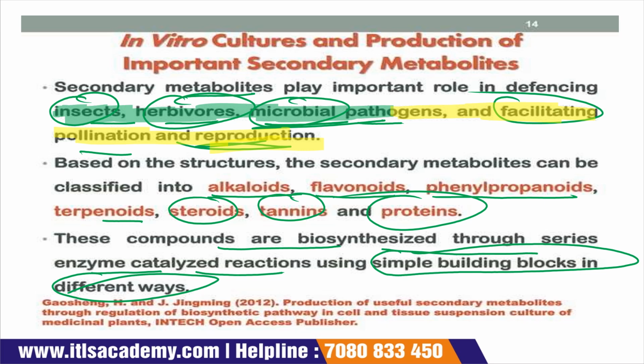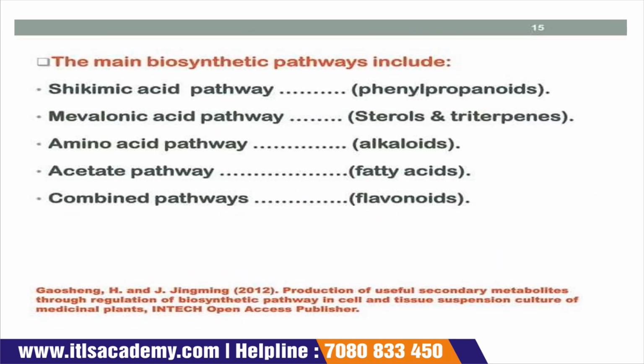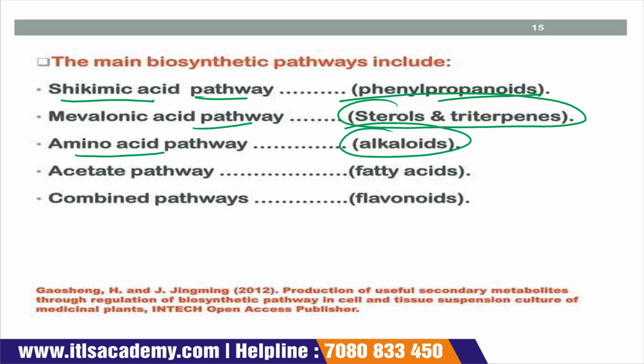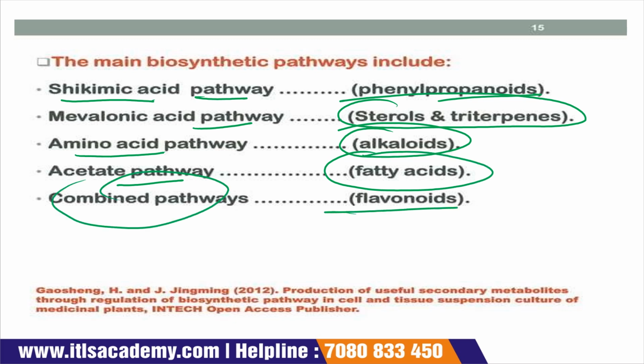Now the next is the main biosynthesis pathways, which include: the shikimic acid pathway, that is phenylpropanoids; the mevalonic acid pathway, steroids and triterpenes; the amino acid pathway, alkaloids; the acetate pathway, fatty acids; and the combined pathway, flavonoids.